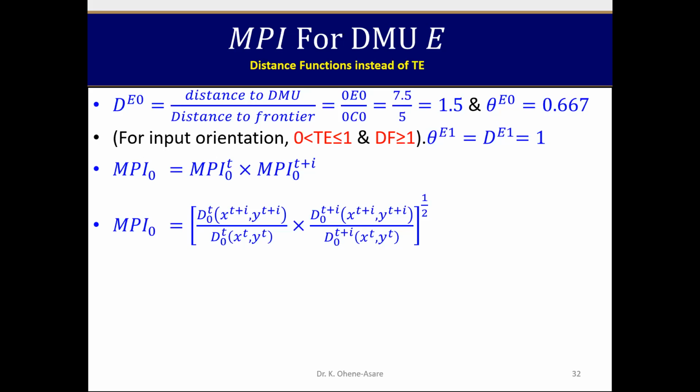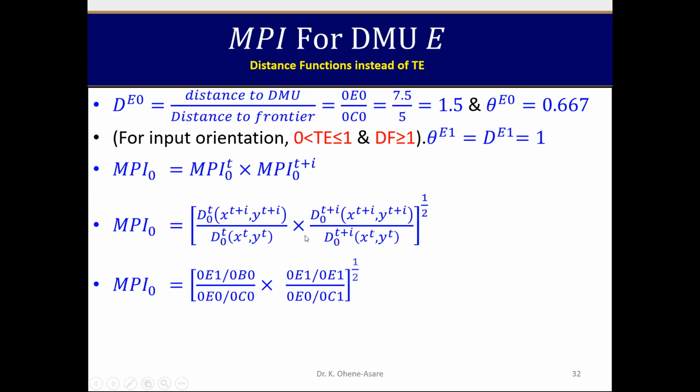So the demand curve are the cross period distance functions, and the supply curve are the own period distance function. Okay. So it's always important to know what is on top of what. And when you take the square root or geometric mean of that, it will give you the Malmquist.